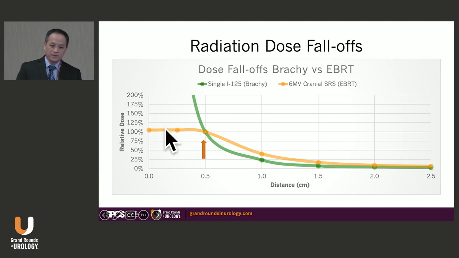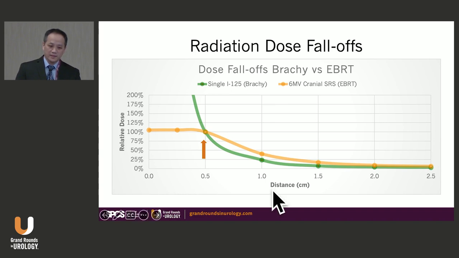And the orange line comes from a 6 MV cranial SRS. We use 6 different arcs and 6 different couch kicks to create a highly conformal dose distribution to treat a target.